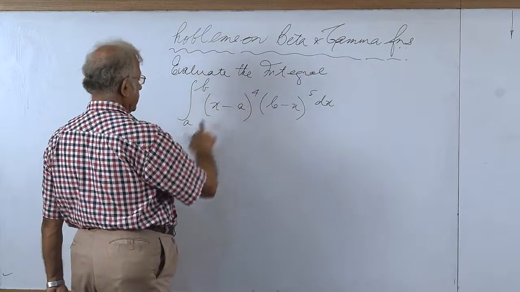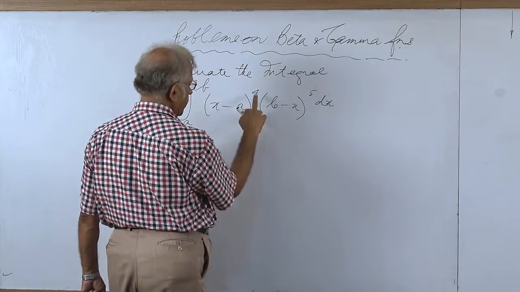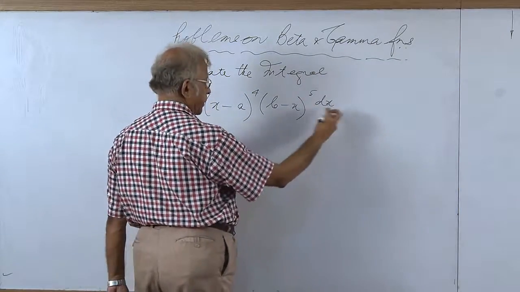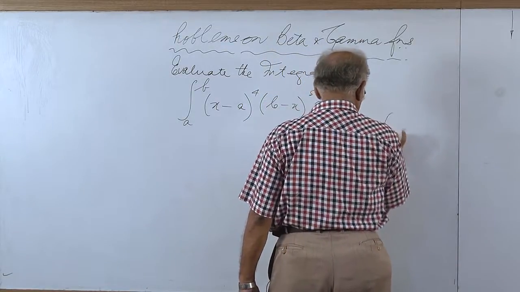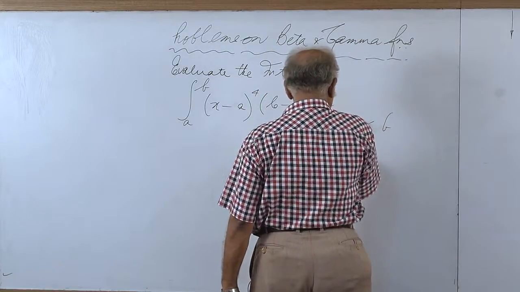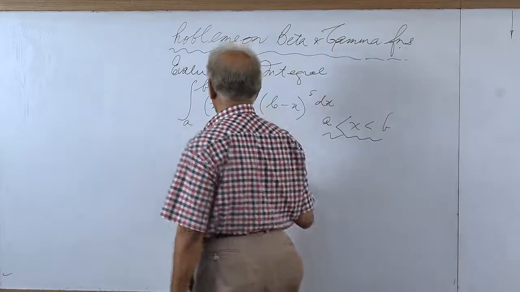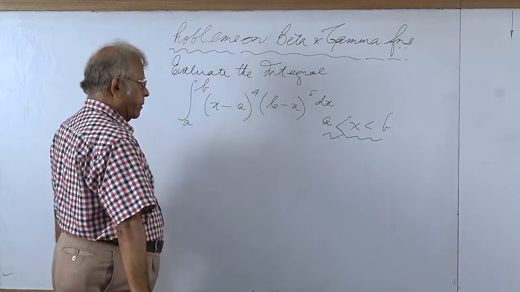Evaluate the integral from a to b, x minus a to the power of 4 and b minus x to the power of 5 with respect to x, where x is less than b and more than a. In other words, we have taken b is more than a. That's all right, that's not a problem.